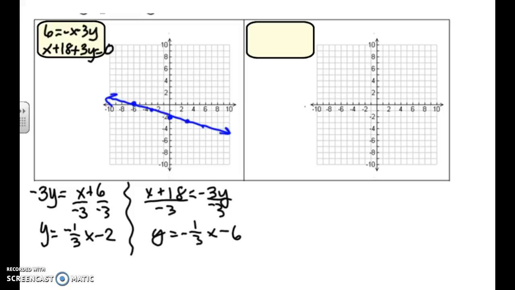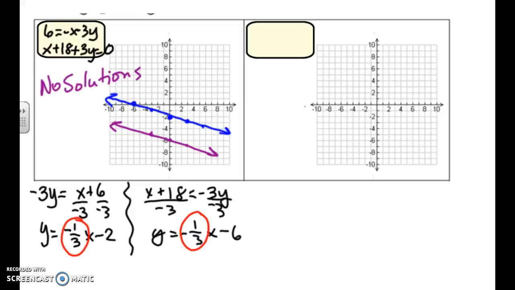So just comparing the slopes, you can see that these two have an identical slope, but they have a different y-intercept. So my line on this one starts at -6, but it's never going to run into the other one. And we should have known that already because we checked our slope. So right away, I know that this one has no solution, and therefore, it's inconsistent.